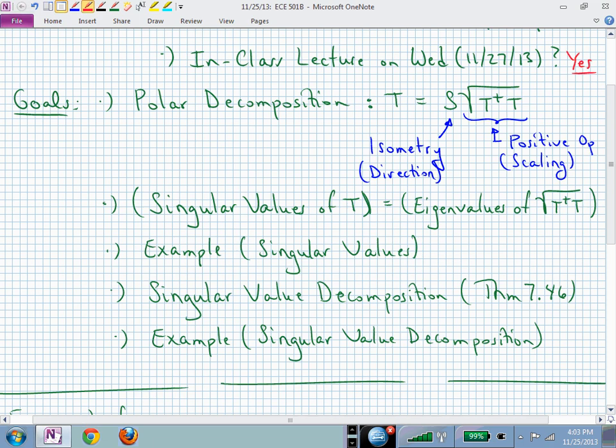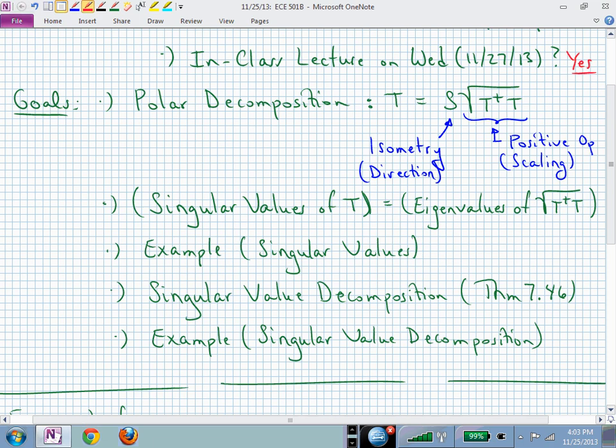One factor does a scaling associated with that operator, and we form this positive operator, which is the positive square root of T adjoint T, and then we can direct that operator with an isometry. That's this direction mapping S.